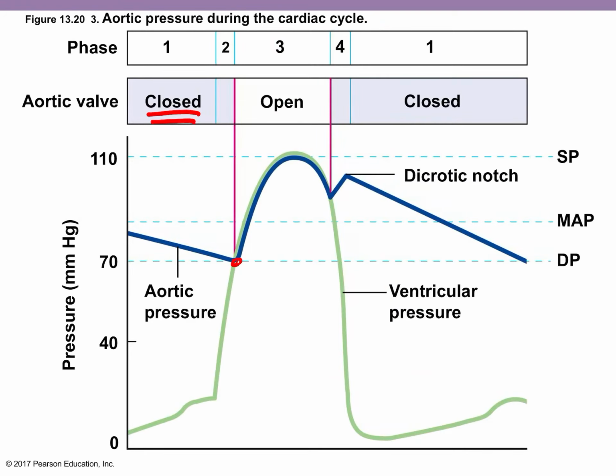So the lowest point is the diastole. And then when the heart is in systole, number 3, right, we have the ventricles actively contracting. The aortic valve, of course, it's open. And then we have the greatest pressure. So this is our systolic pressure, right? So we have diastolic pressure and systolic pressure.